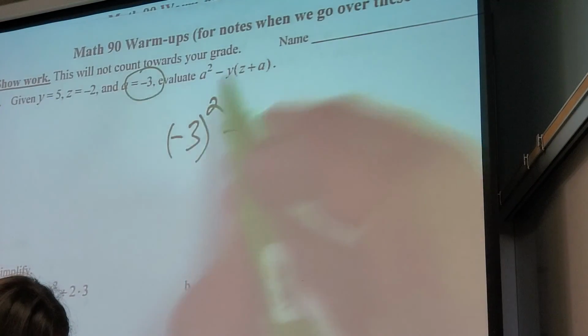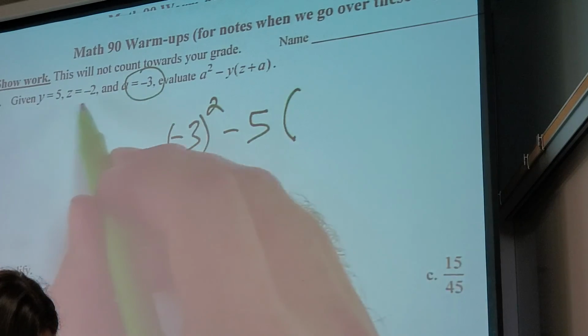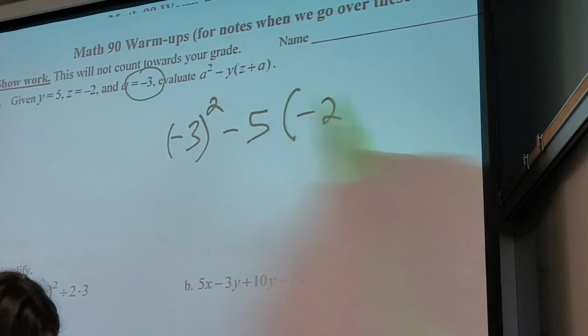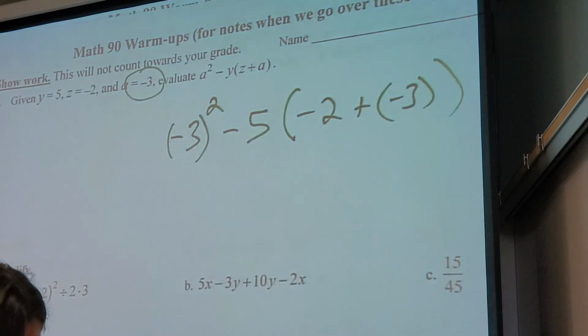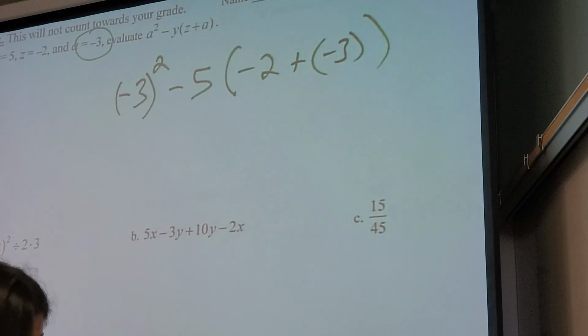Minus, what's Y? 5 times Z -2, plus A. I like it. So you definitely want to put parentheses around in general when you substitute numbers so you preserve the operations that are happening.